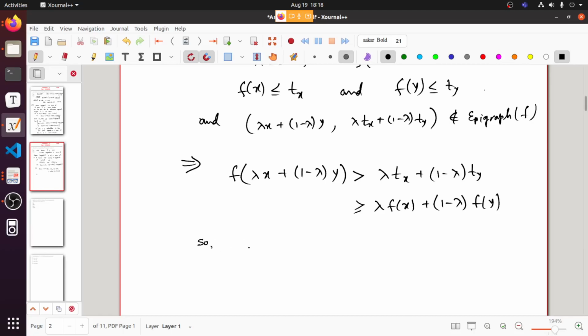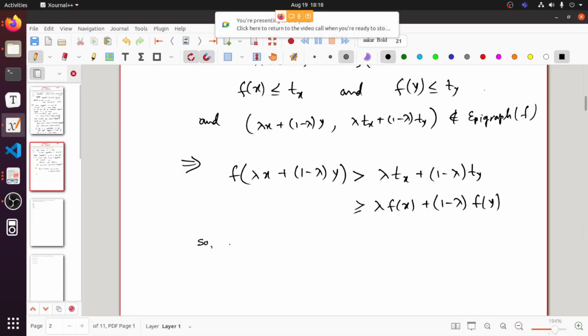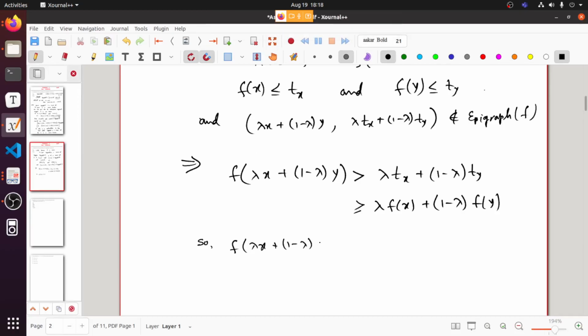So f of lambda x plus 1 minus lambda y is strictly greater than lambda f(x) plus 1 minus lambda f(y).